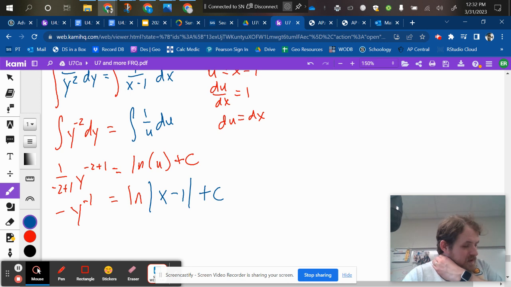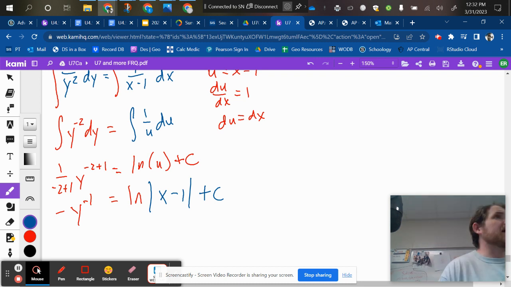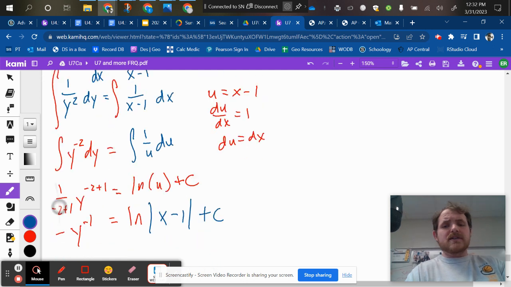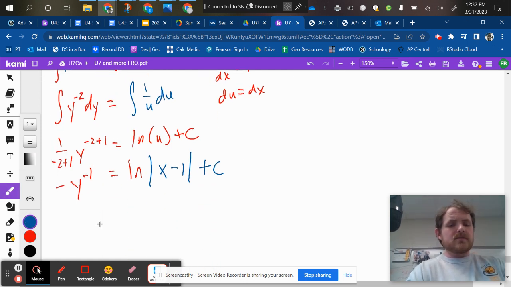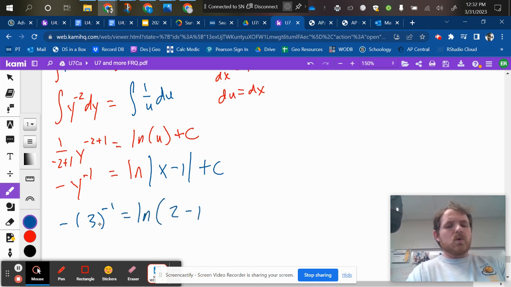Now, they gave you a 4th point if you find C. I don't care if you get y by itself right now, but I think you should get your point. Find C to get your point, right? So the y value was 3 for your initial condition. So you got a -3 to the -1 equals natural log of 2 minus 1.